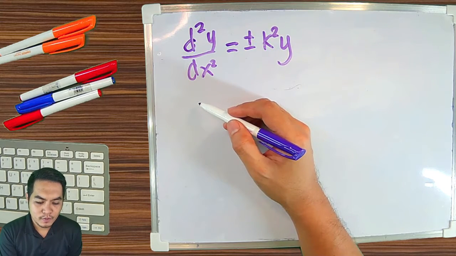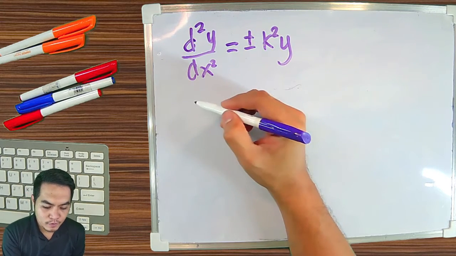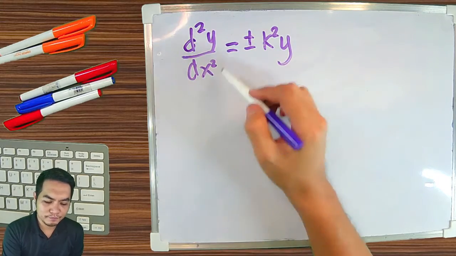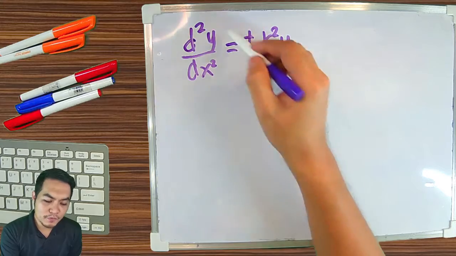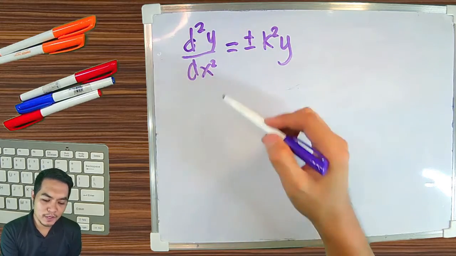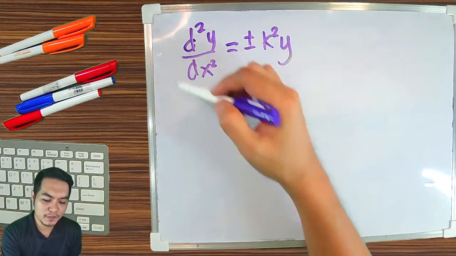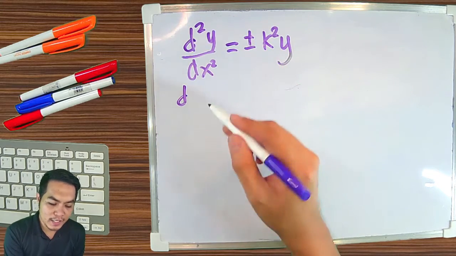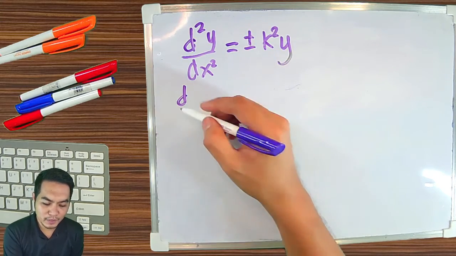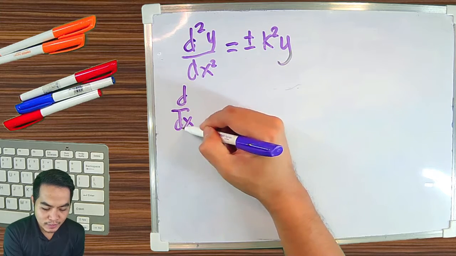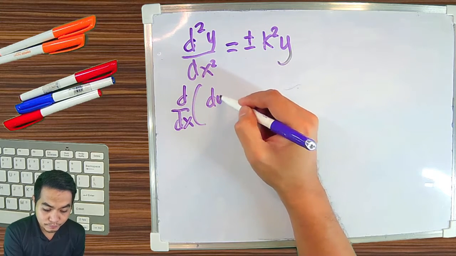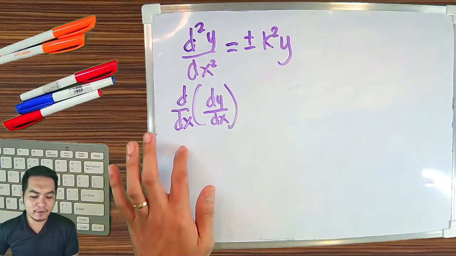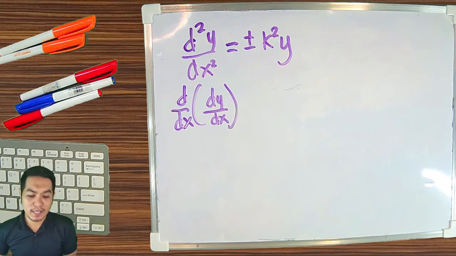Okay, so first let's convert the second-order differential equation, this second-order operation, into something much simpler. This second derivative of y with respect to x is actually just the derivative with respect to x of the first derivative of y with respect to x, right? The derivative of the first derivative is basically the second derivative.